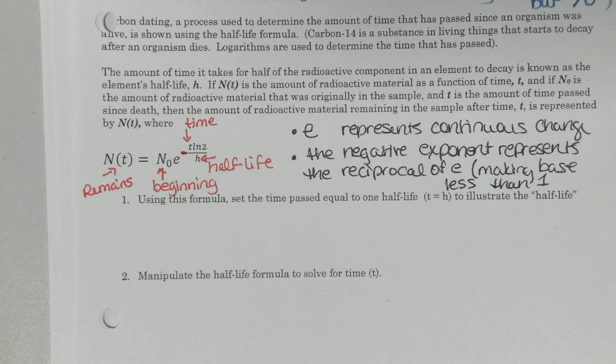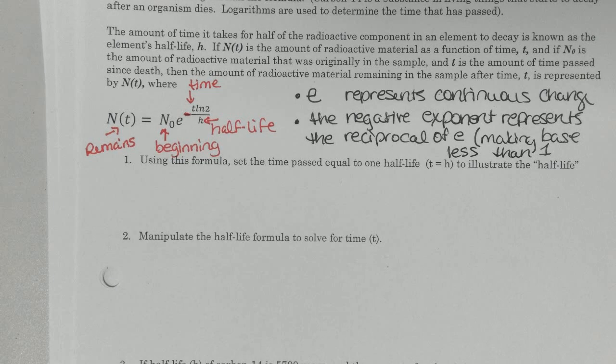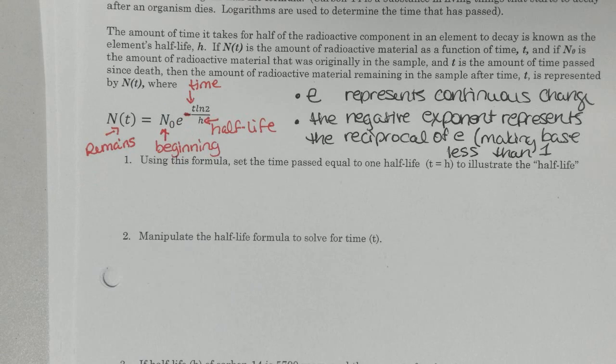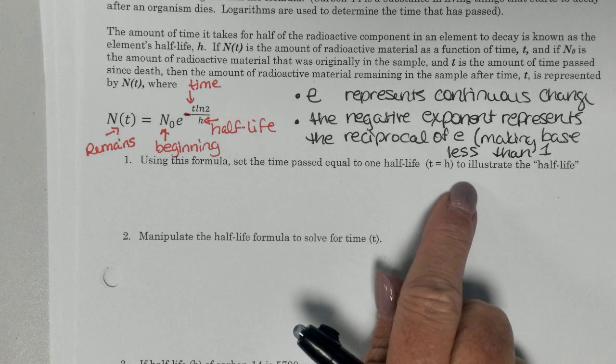All right. Now, using this formula, what we're going to do is explain why this represents half-life. Okay? So what we have to do is set the time equal to h.